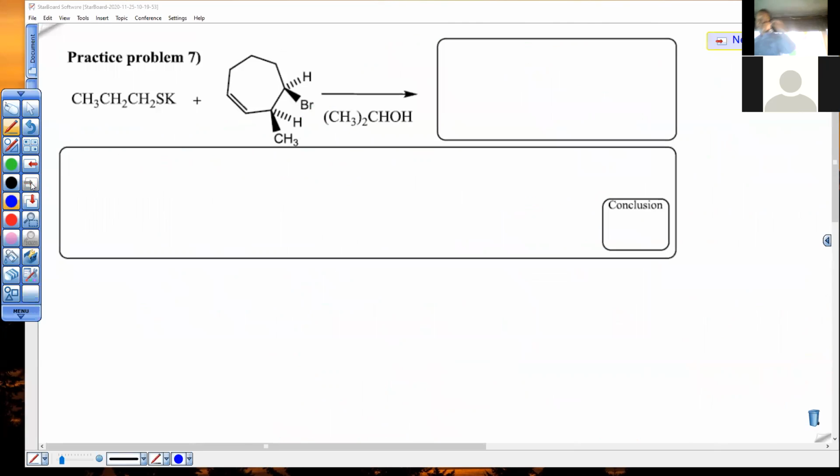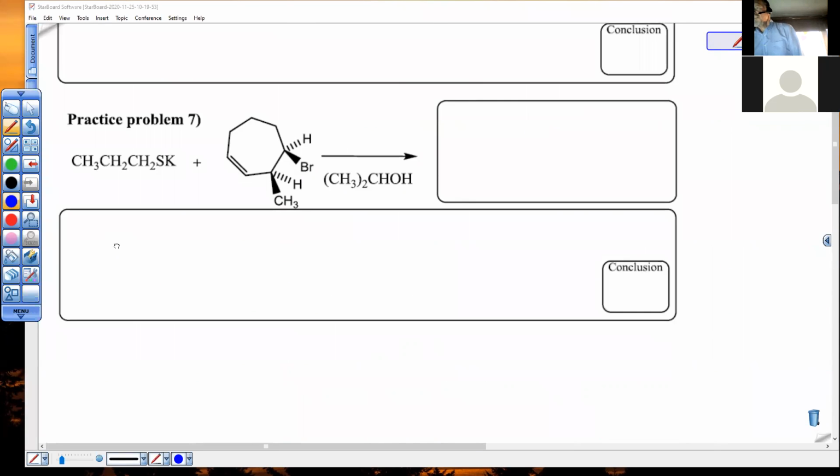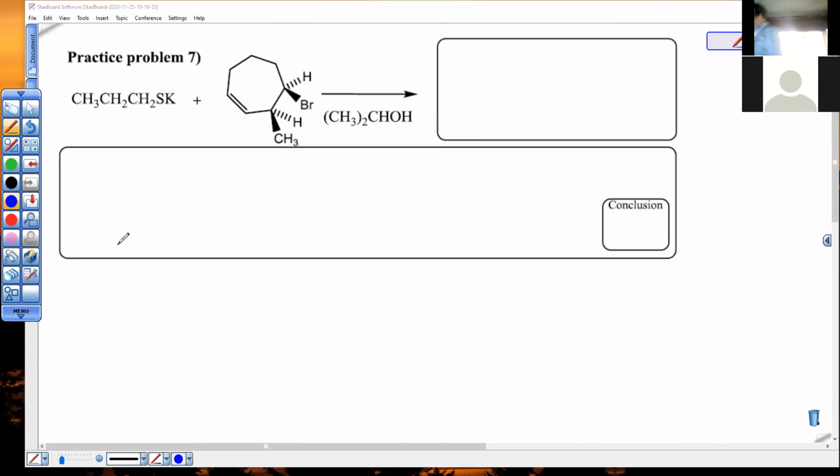Practice problem 7. I have two copies of it here. Just do the second one. You take a look at that. Carbon with a leaving group looks like secondary again, but I think if we can make a cation, it's going to rearrange to our best cation so far. Why am I saying that?